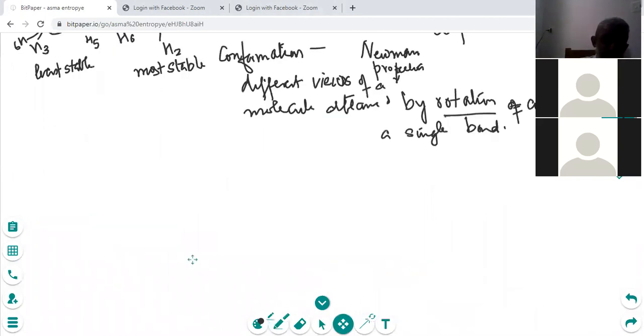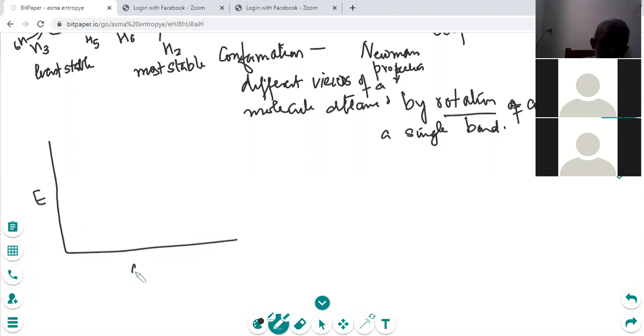So let me draw a graph. This is your energy versus angle of rotation. Angle of rotation, or it is also called dihedral angle.